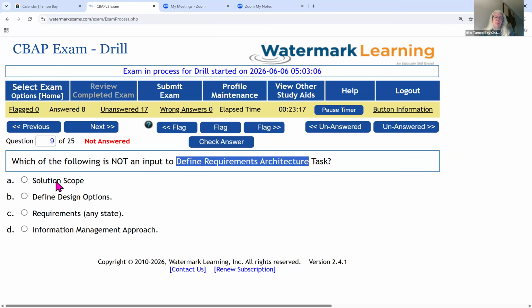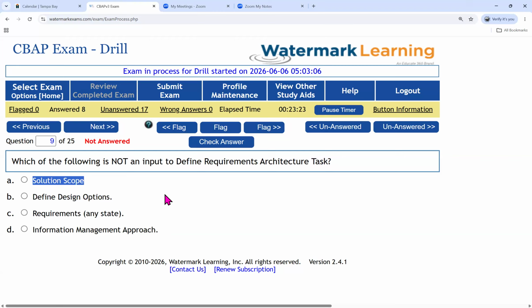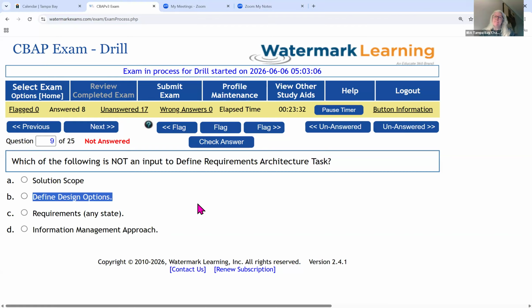Let's start at the top. Is this one of the inputs? Is this something that we need when we go to define requirements architecture? Jose says yes. Okay. How about define design options? No, that's one I would say is not an input.